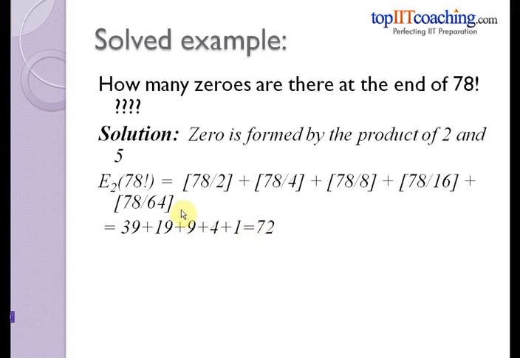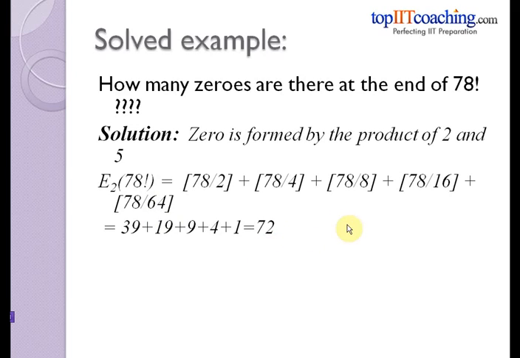Here we haven't extended the power of 2 till 7, that is 128, because the greatest integer of 78/128 will be equal to 0. Thus we stop at 64. So the exponent of 2 in 78 factorial is equal to 72.